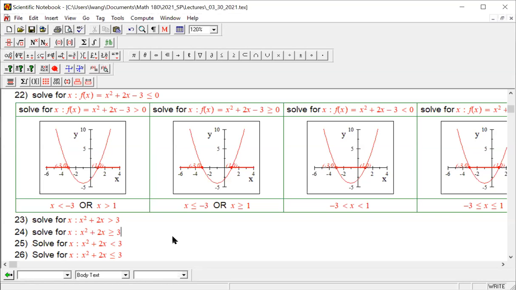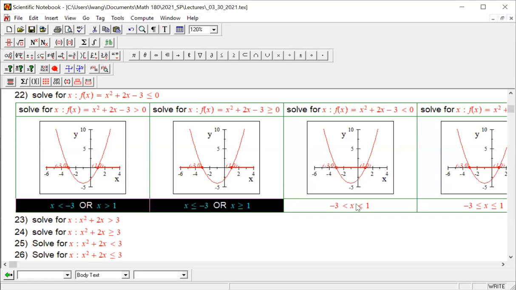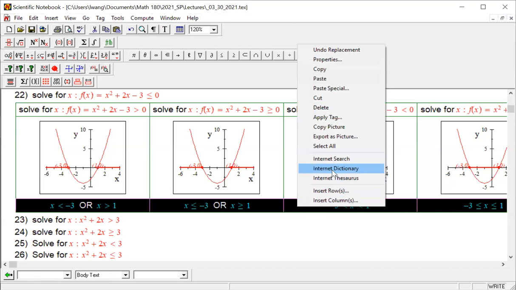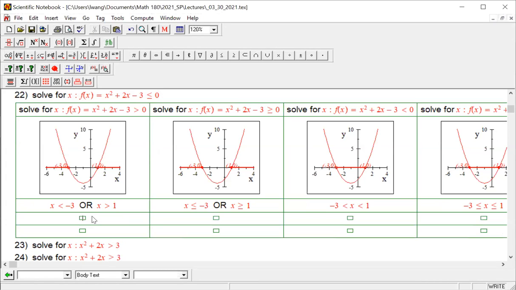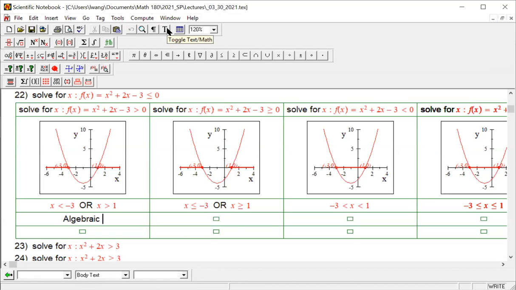If you got those, right? So these inequalities, if I add some rows, they all have their own algebraic variations, such as x squared plus 2x greater than 3, right?